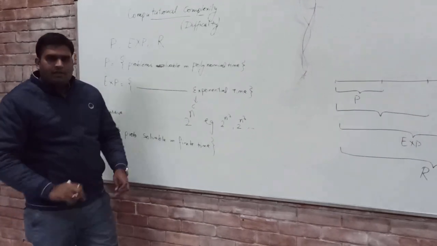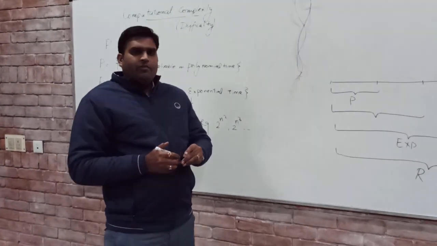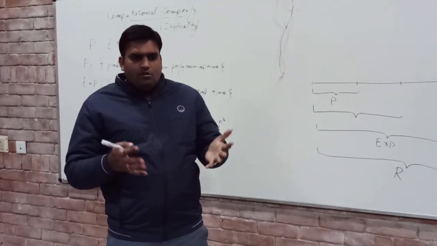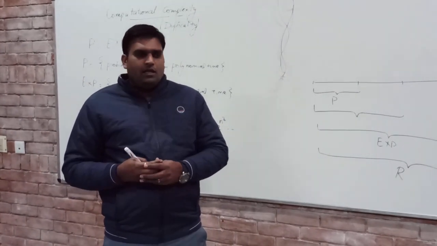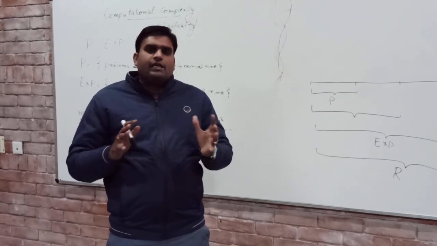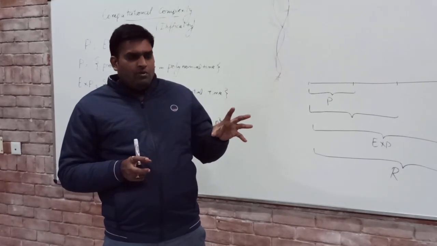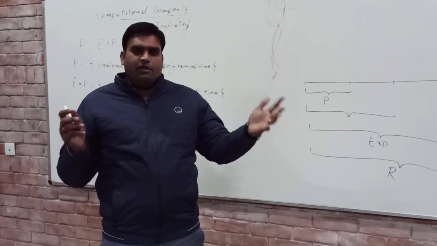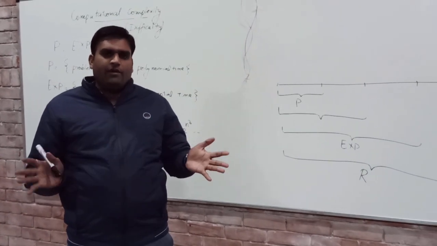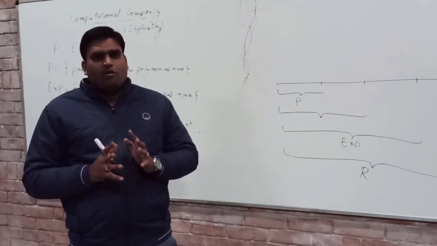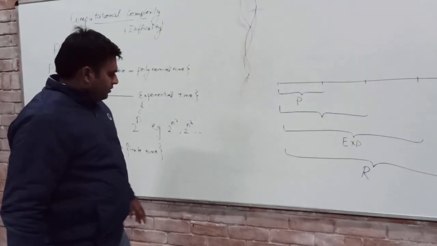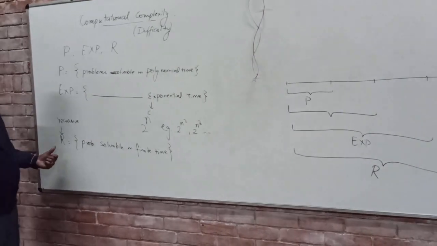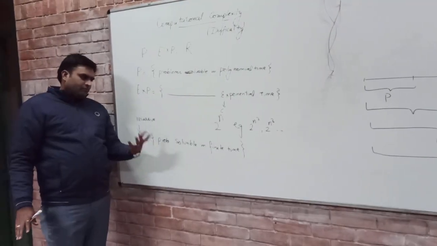In the initial stages of development of computer science, the engineers tried to find solutions to some problems and they wrote recursive solutions. If a problem has a recursive solution, then the problem is solvable in finite time. If the problem does not have any recursive solution, then the problem does not have any solution. It cannot be solved in finite time. This is why this class R was developed.